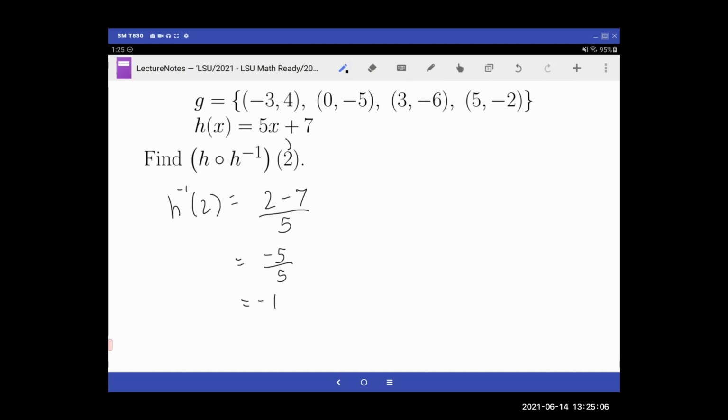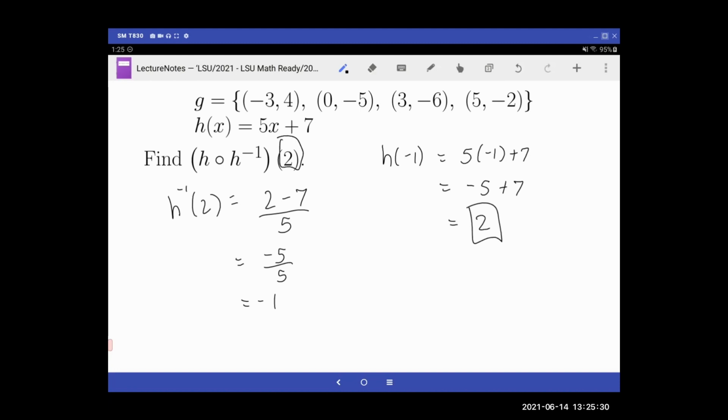So 2 plugged into h inverse is negative 1. Now let's plug that output into h. 5 times negative 1 plus 7, negative 5 plus 7 equals 2. Hey, look, it brought me back, right?